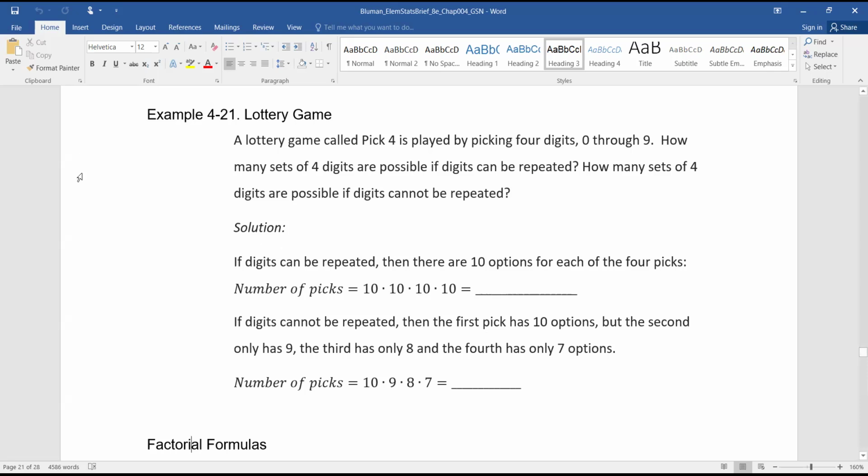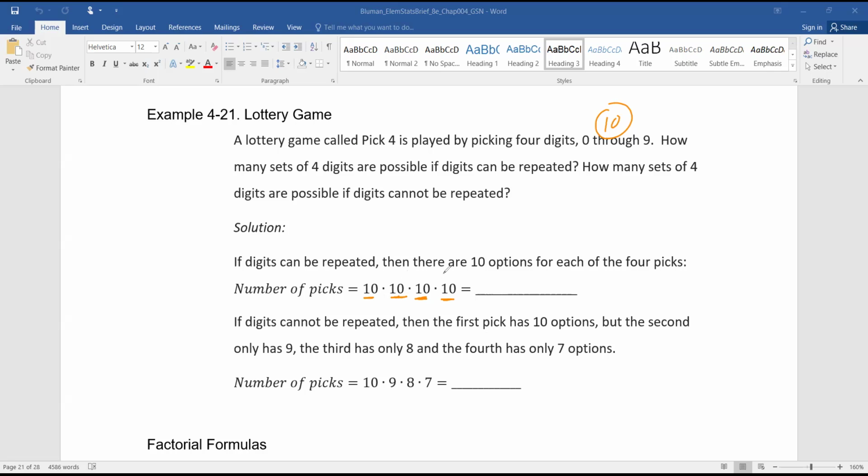So you have to think of it like this. If I have 10 numbers, 0 through 9, and it can repeat, that means I would have 10 the first time, 10 the second time, 10 the third time, and 10 the fourth time. So it doesn't influence the next pick.